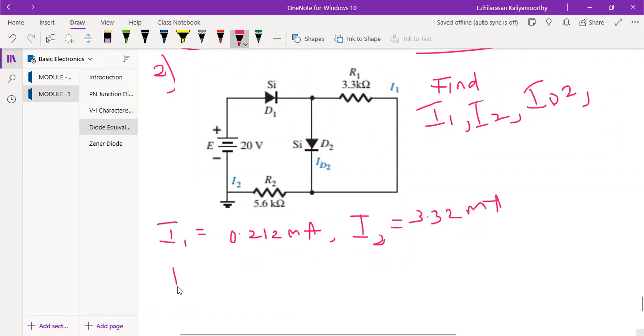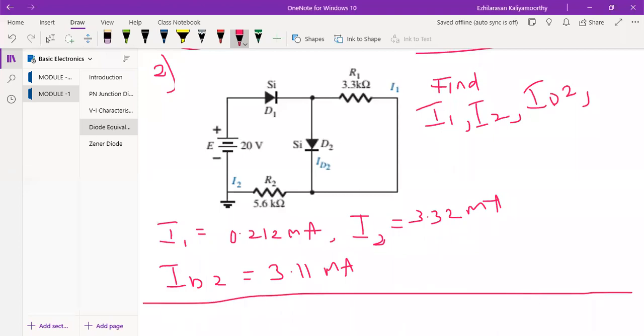Then ID2 will be 3.11 milliampere. So this is the answer you have to get. Just check it, cross check. Because in examinations they may ask this kind of problems, numericals and all, you should be able to tell.